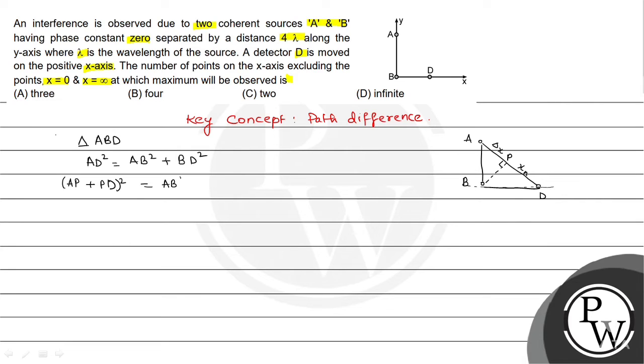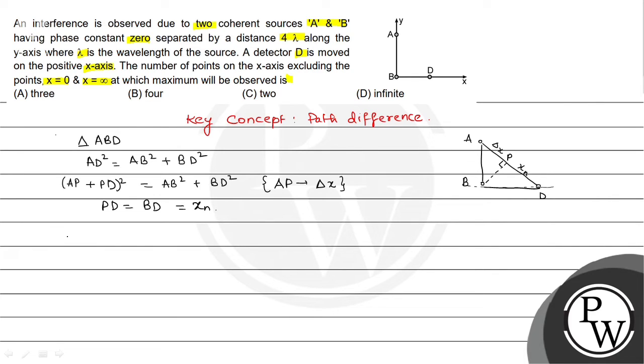So we write this as (AP plus PD) whole square equal to AB square plus BD square. Now AP क्या होगा हमारे पास? AP है हमारा path difference. So AP equal to delta x. We can also say that जो PD है, PD is equal to BD and that is equal to, हमने मान लिया वो xn है, xn के बराबर है.